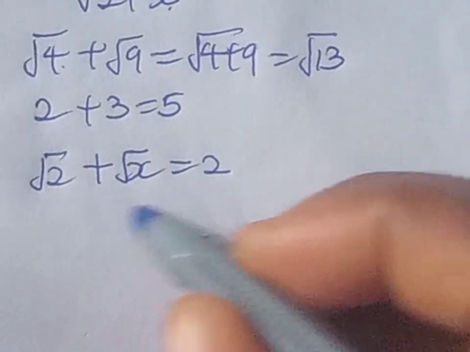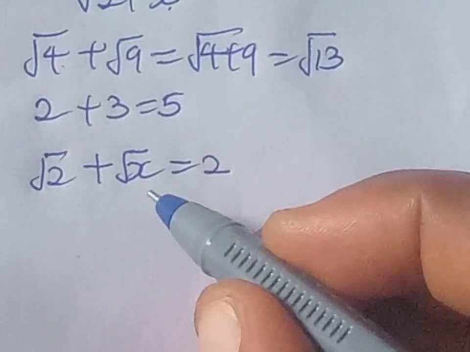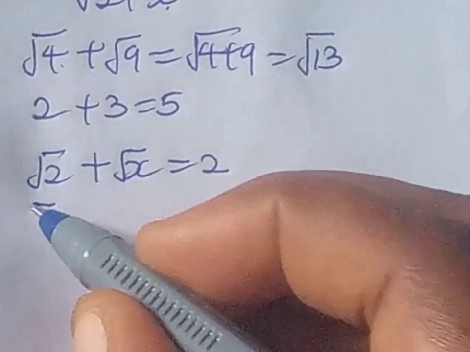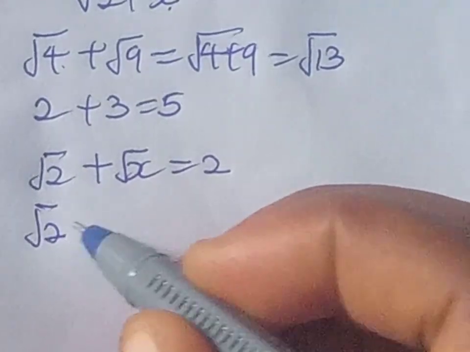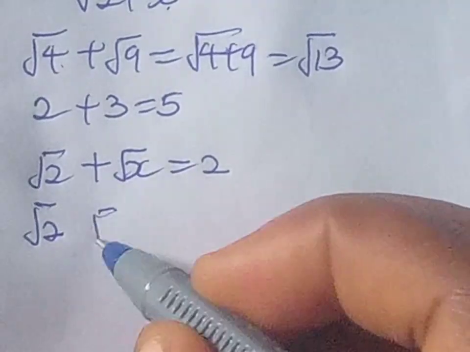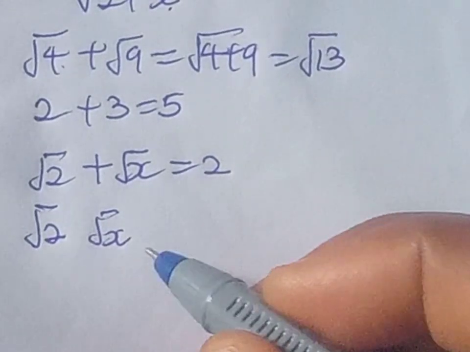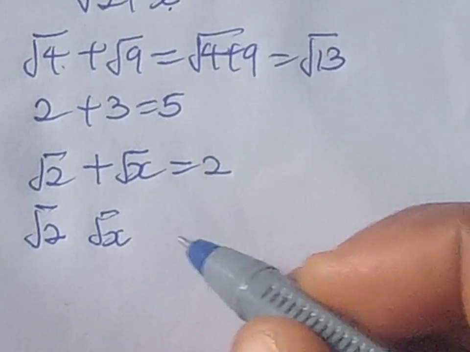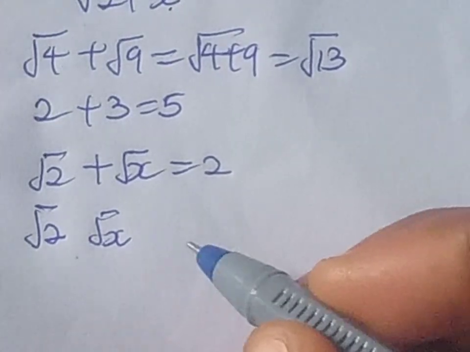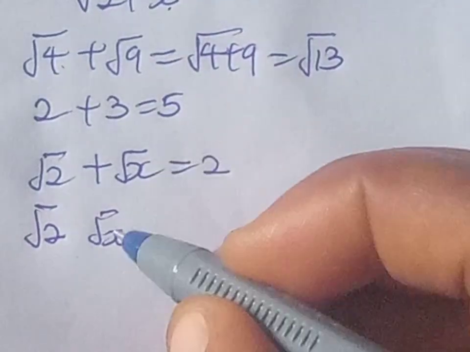Note that both terms on the left are square roots. And remember that square root of 2 is a fixed positive number. Therefore, square root of x must also be non-negative, because square roots of real numbers are never negative. So our goal here is to isolate square root of x.